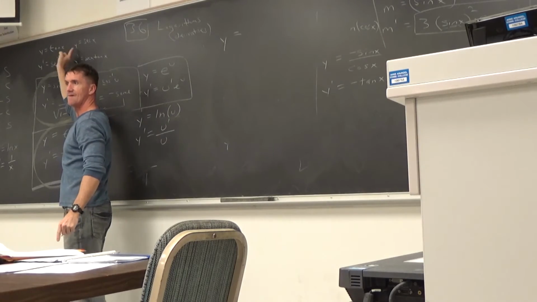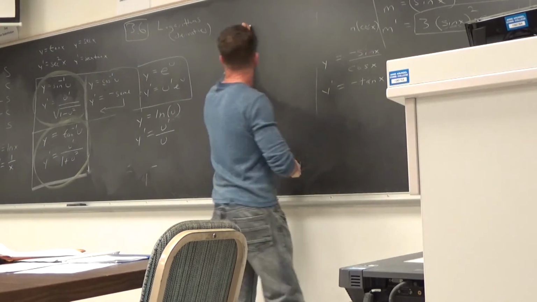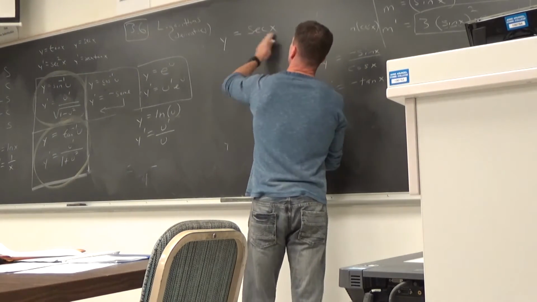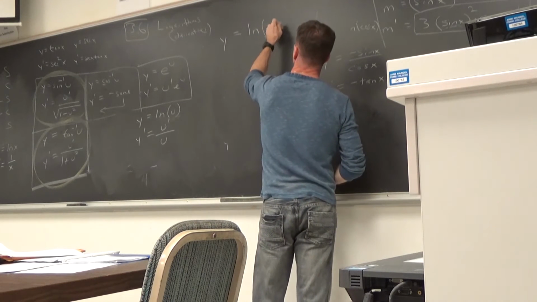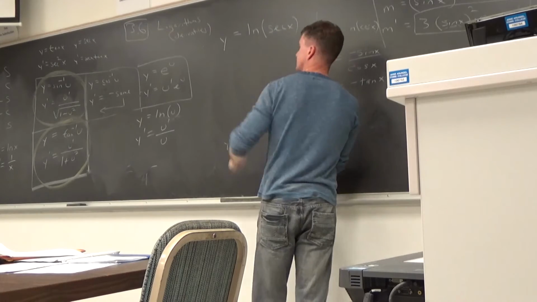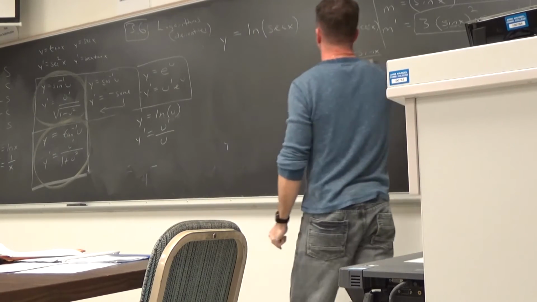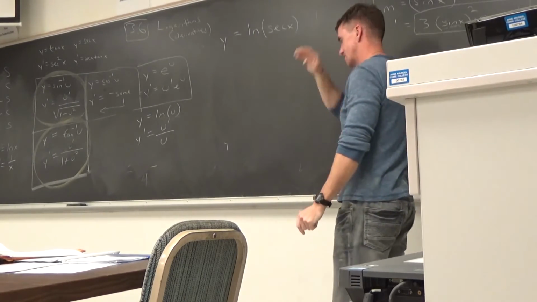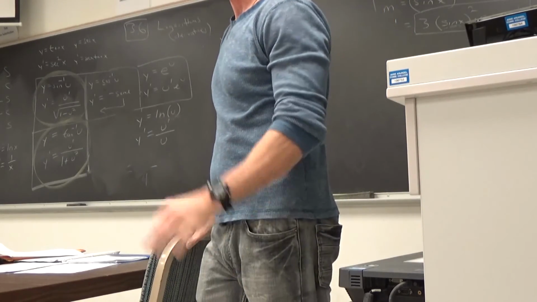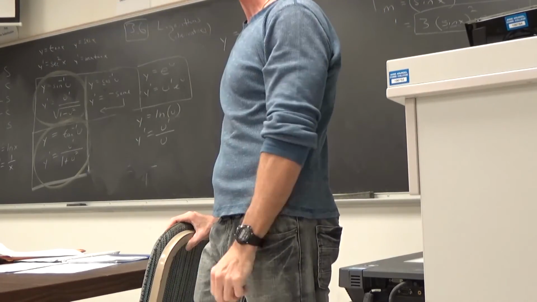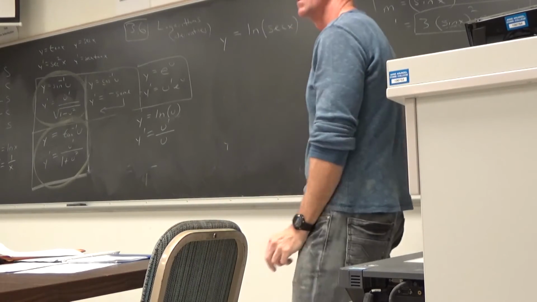Everyone see these? Try this. Natural log of secant. I encourage everyone, once you get your answer, to really what? Try hard and see if you can really simplify and factor and stuff. Okay?